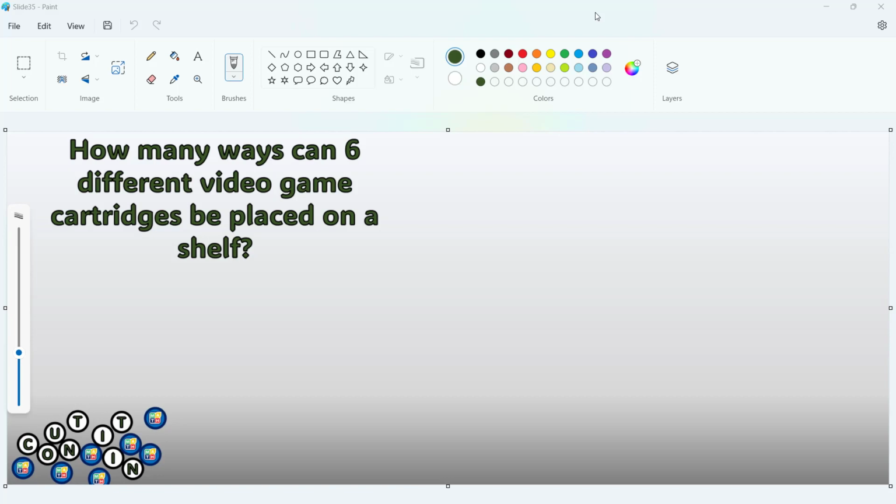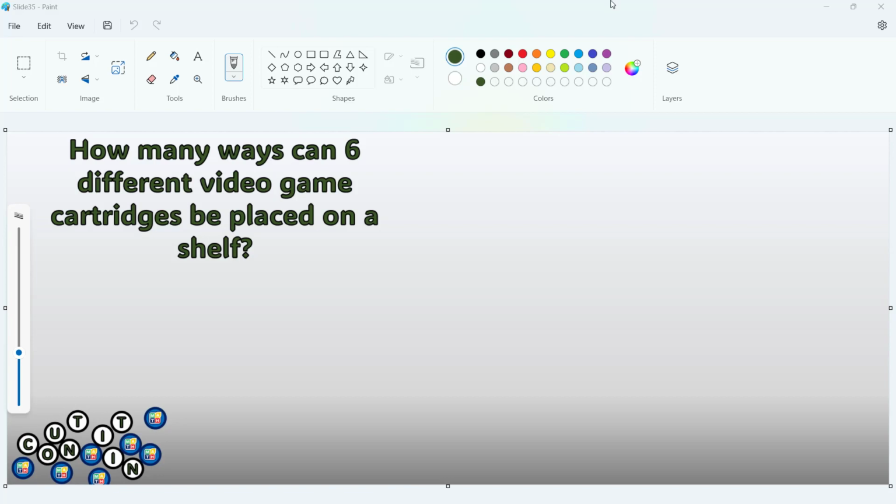Even if you have 1, 2, 3, 4, 5, 6, just tweaking it to 2, 1, 3, 4, 5, 6 or any other arrangement, it's just counted as 1. Yes, the answer to this is just 1, because once you place all 6 cartridges on a shelf in any order, for combination, that's just equal to 1.